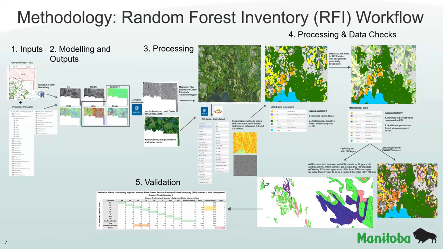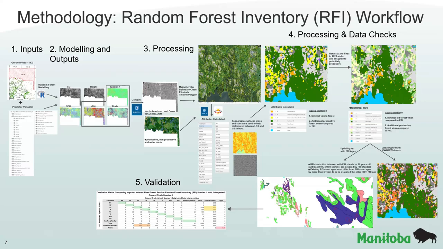I then took a few of those, did some processing in ArcGIS Pro to create polygons, and used a mask. We used the NALCMS 2015 land cover mask to identify what was productive forest, what wasn't forested. Used FME to assign some attributes based on the raster data outputs, and really created an attributed random forest inventory, we called it at the time.